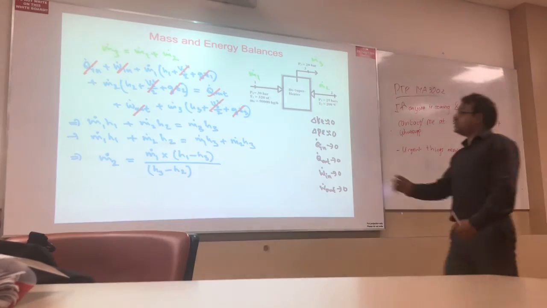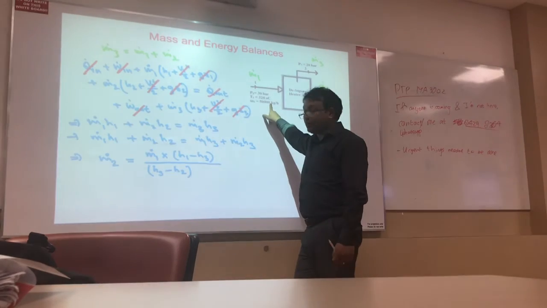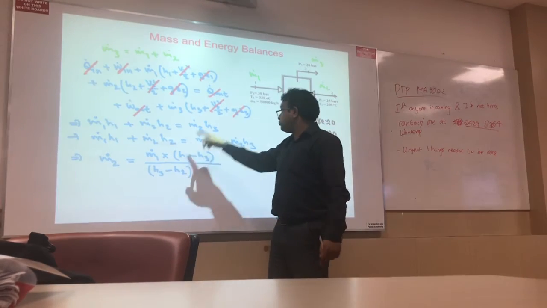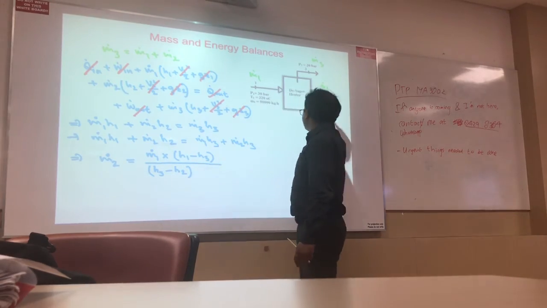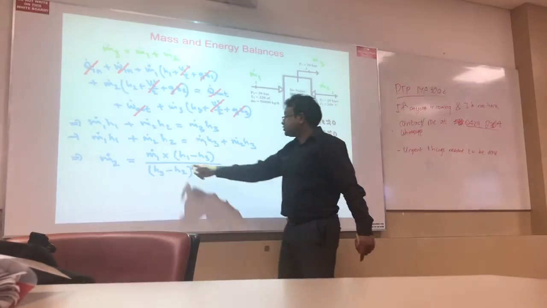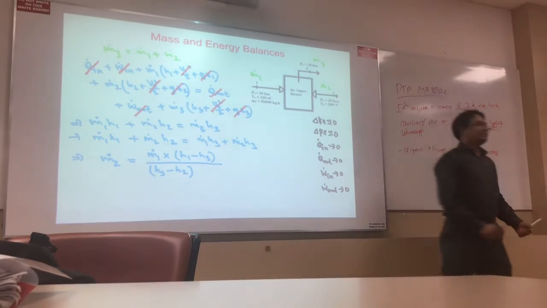Then m dot 1 is given as 50,000 kilograms per hour. Then h1 I have to get from the table, h3 I can get from the concept, and h2 I can get from here, from the steam table.